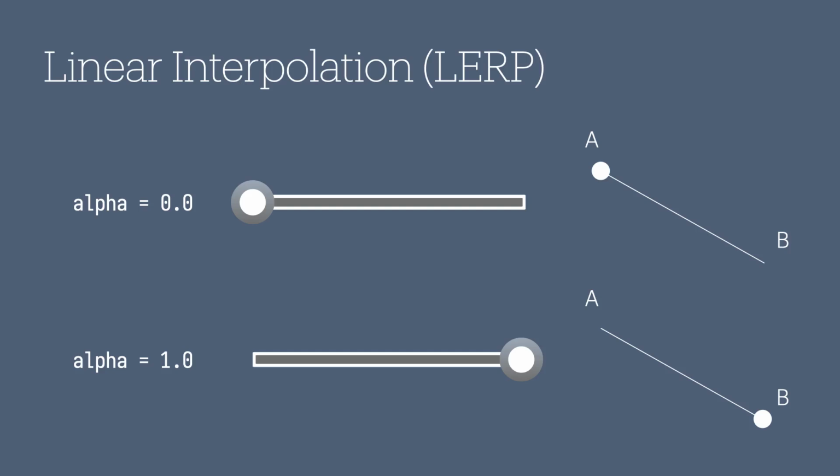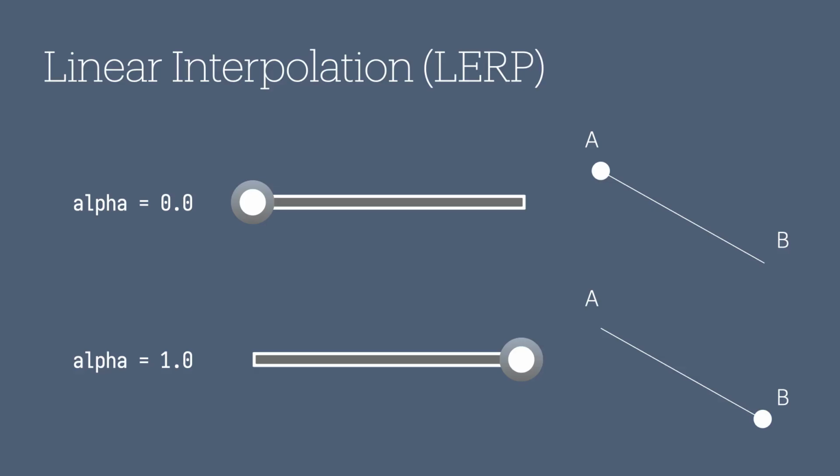So another way of thinking about the linear interpolation is that it converts the number alpha into a related position on this line between points A and B. This is where the word linear comes from. Interpolation essentially means changing smoothly between two different states.